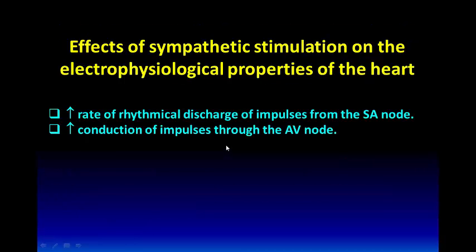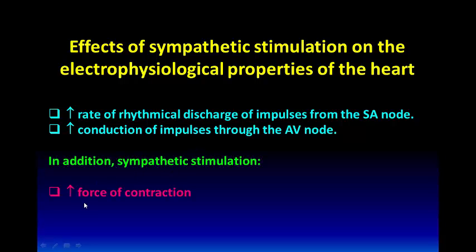Sympathetic stimulation increases the rate of rhythmical discharge of impulses from the sinoatrial node and also increases the conduction of the impulses through the AV node. In addition to these effects on the electrophysiological properties, sympathetic stimulation increases the force of contraction and also speeds the relaxation.